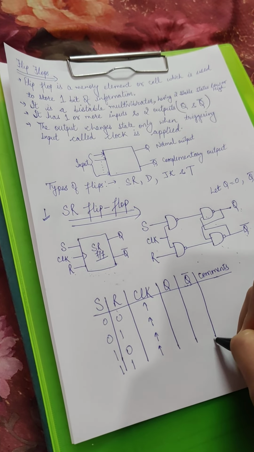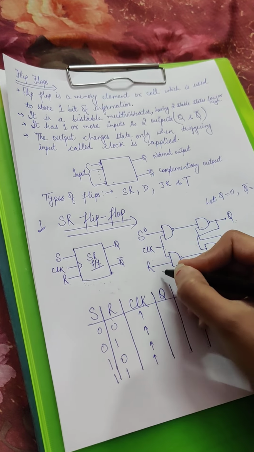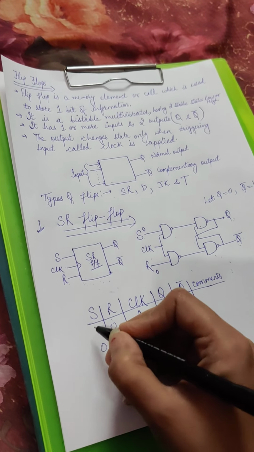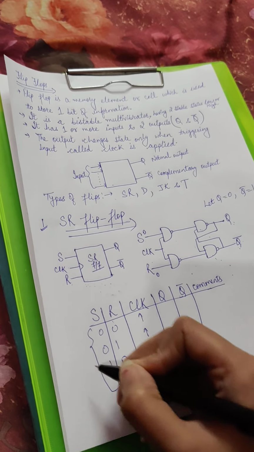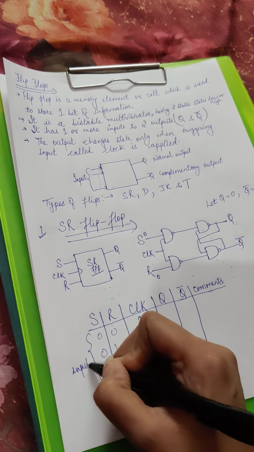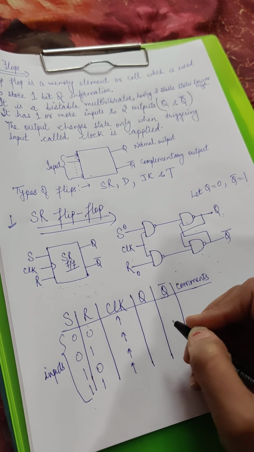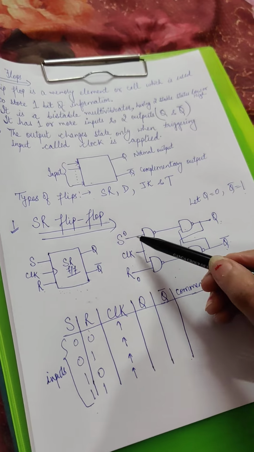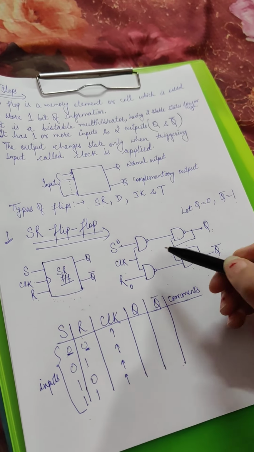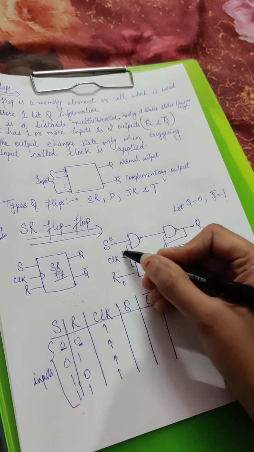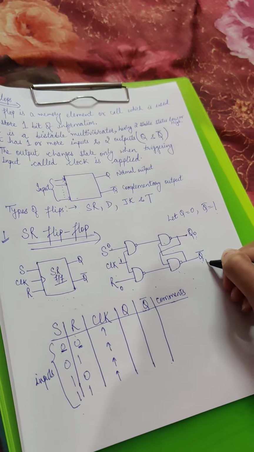In the first case, when our input is 0 and 0, these are the 4 cases for inputs. So our first case is when input S is equal to 0 and R is also 0 and clock is always 1. And we have let that Q is 0 and Q bar is 1.